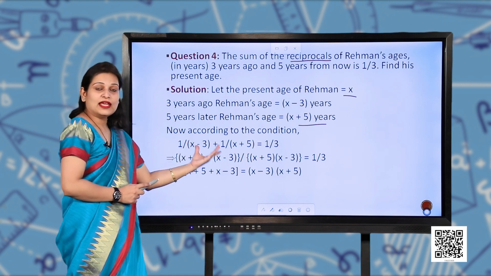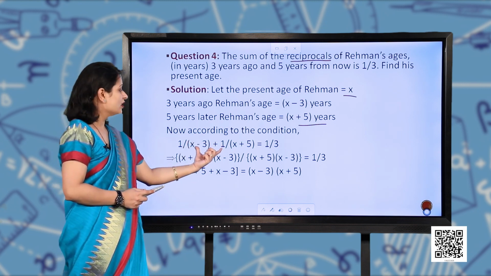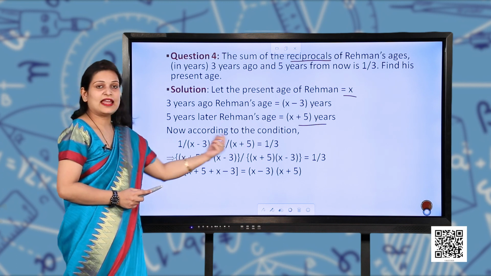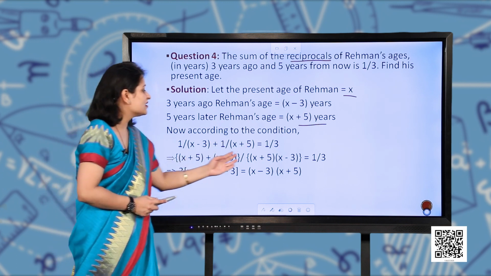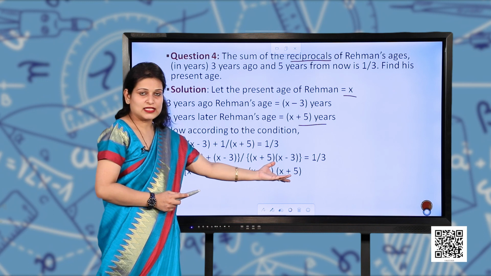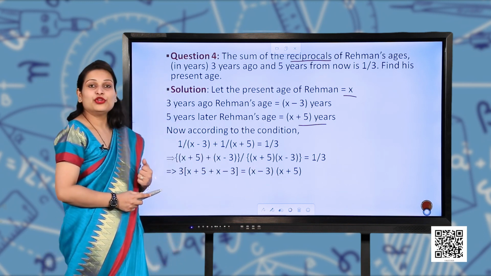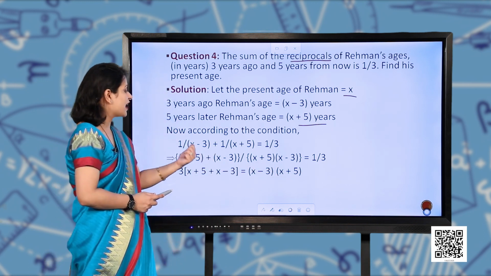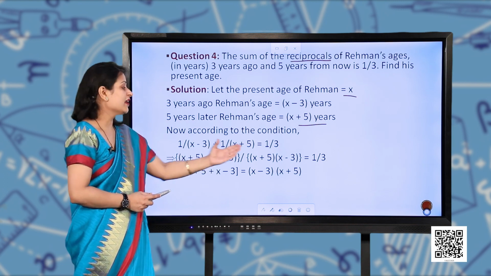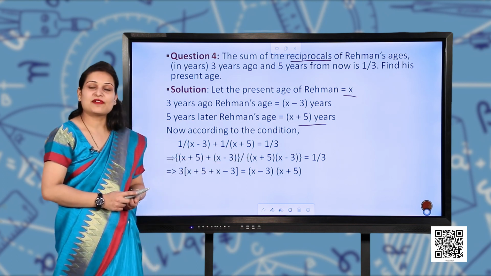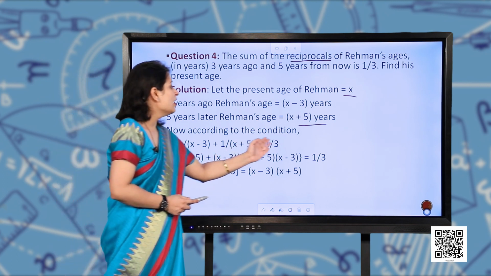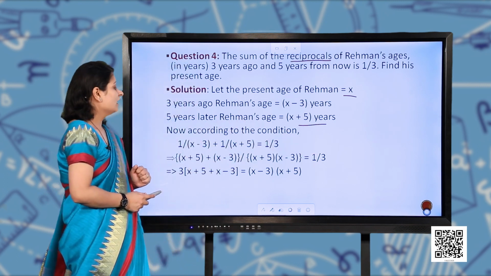Now, you have to take the LCM of x minus 3 and x plus 5. You will get the LCM as x plus 5 and x minus 3 only. In the numerator you will get x plus 5 plus x minus 3, and in the denominator you have x plus 5 into x minus 3, which is equal to 1 by 3.